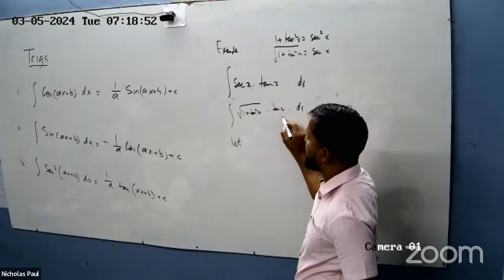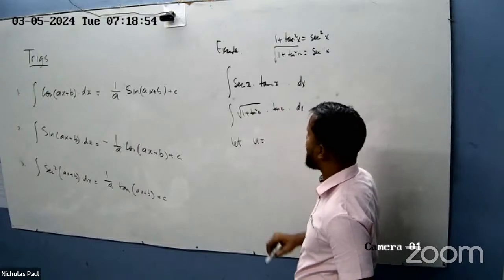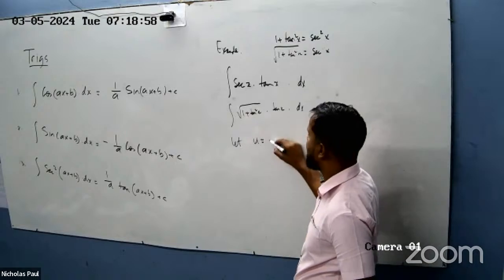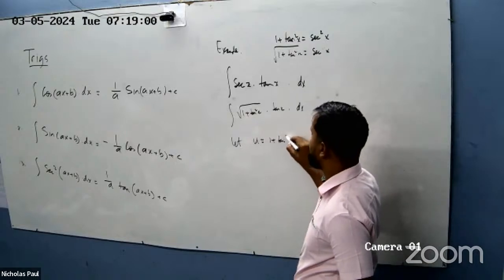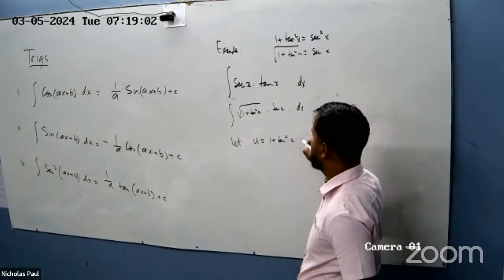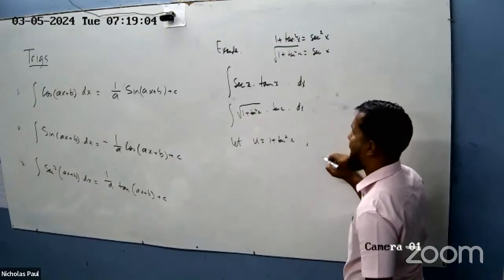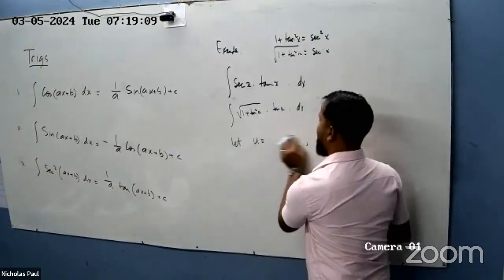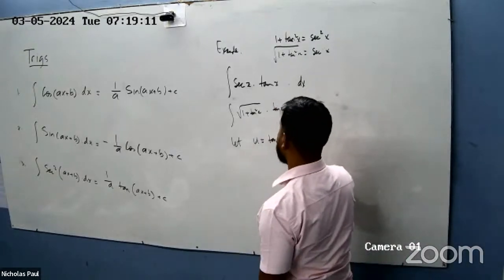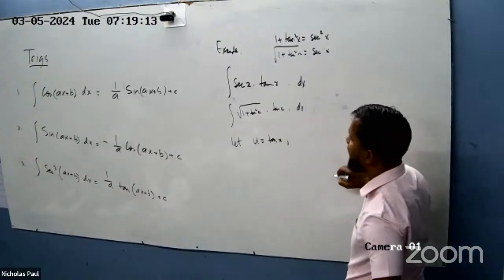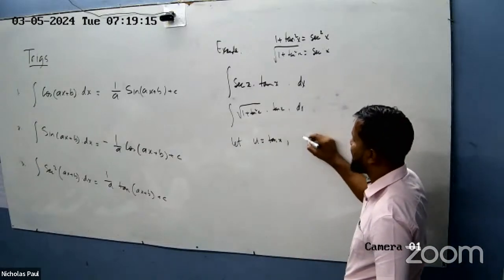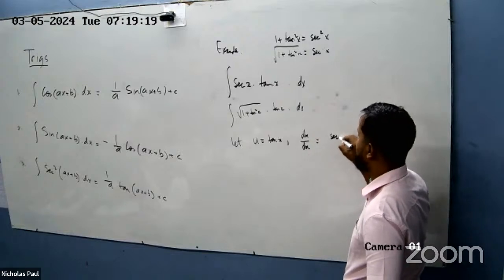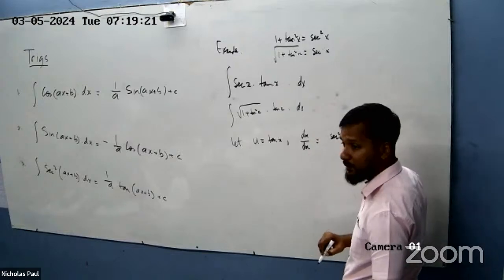If I let u equal 1 plus tan squared x, you find that hard to differentiate. So let me try u equals tan x. If I let u equal tan x, I will get du/dx equals sec squared x.